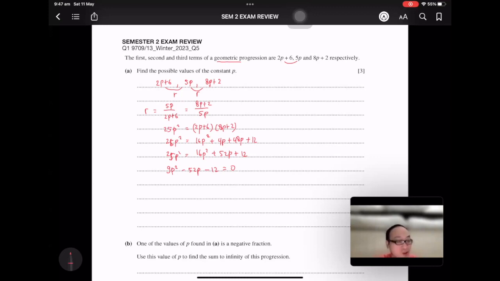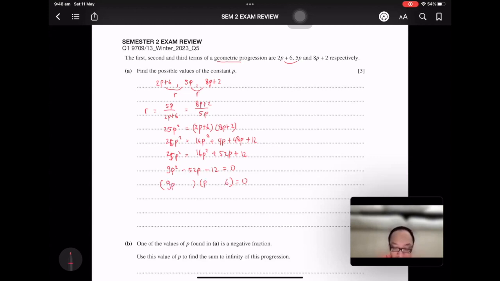Now we try to factorize. Can we factorize this? 12 to become 52. 12 is 6 times 2. Okay, I got it. So this is 9p, p.